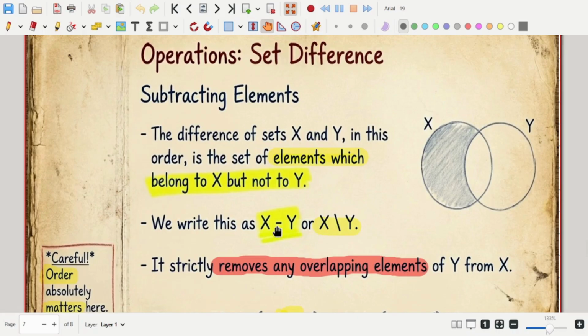Trick is that in set difference, look at this notation.